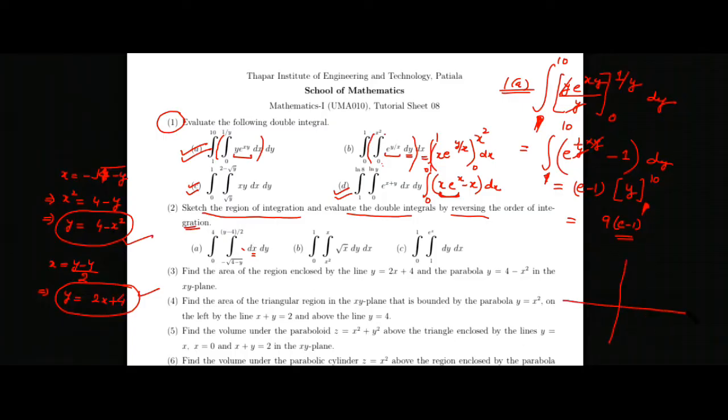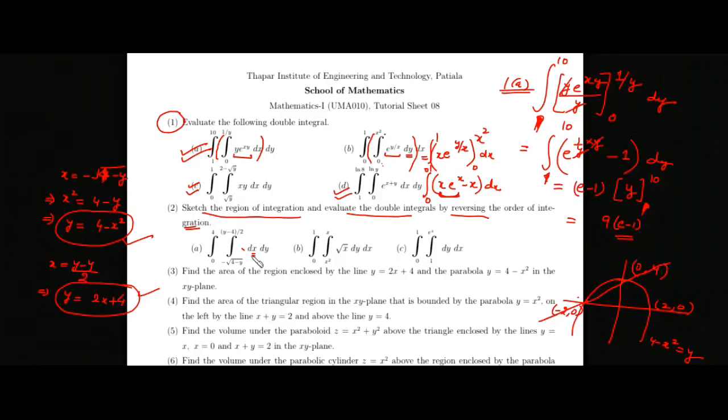Now just see, when you draw this, this is 4 minus x square. So this is your (0, 4). This is (minus 2, 0). This is (2, 0). So now the line y is equal to 2x plus 4, this is this line.